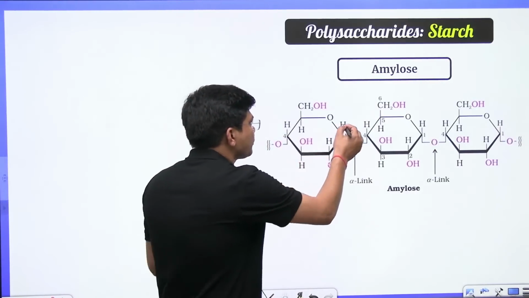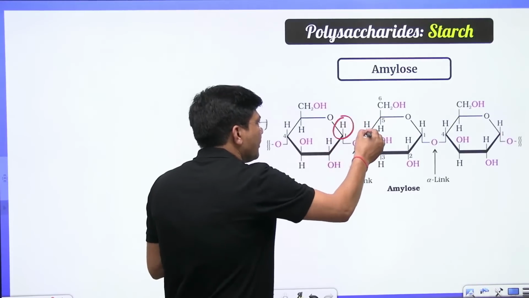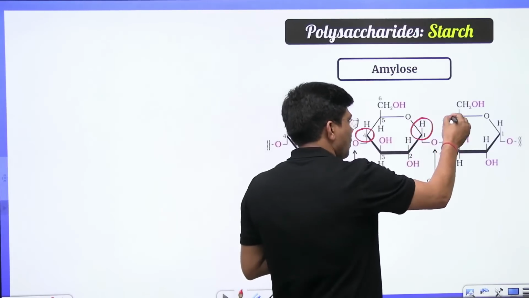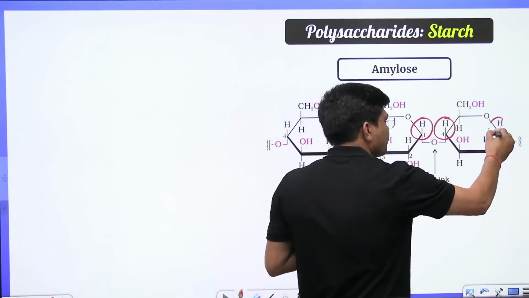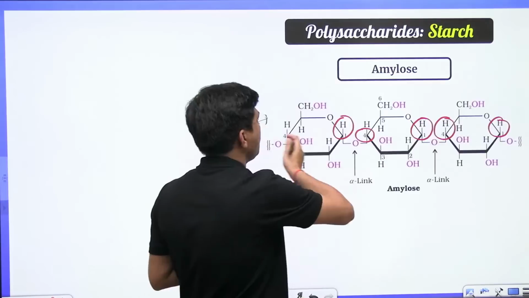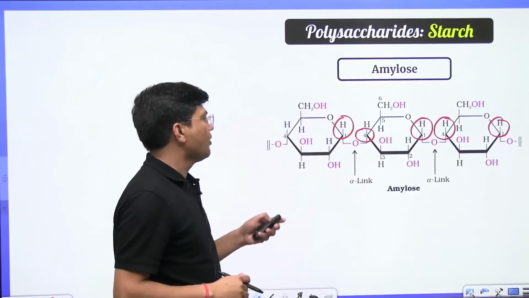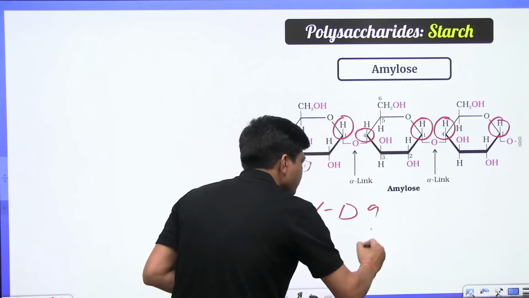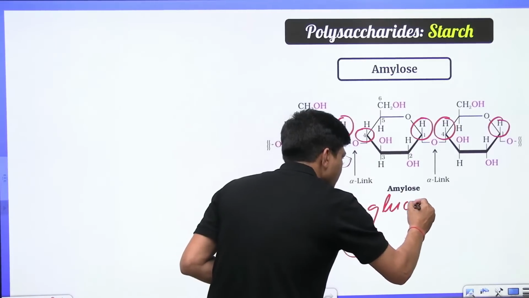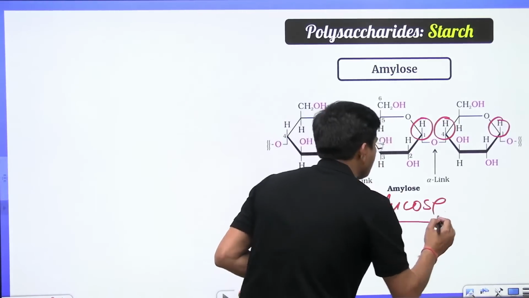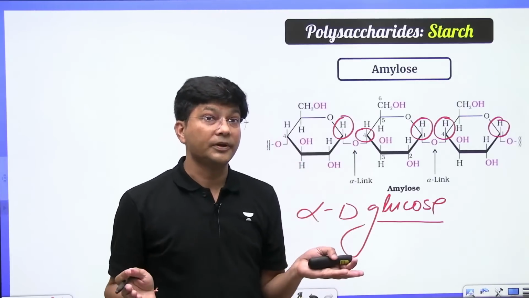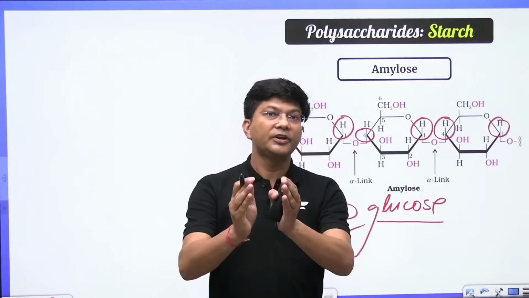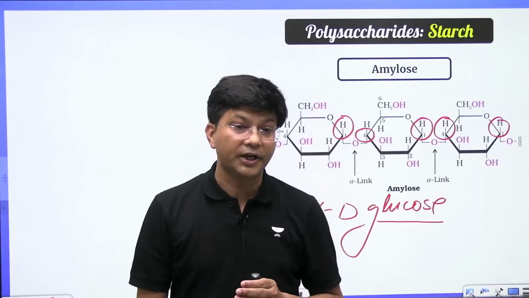In this glucose, the first carbon is involved and the fourth carbon is involved. In this lengthy chain of alpha D glucose, each and every anomeric carbon is involved in bond formation.